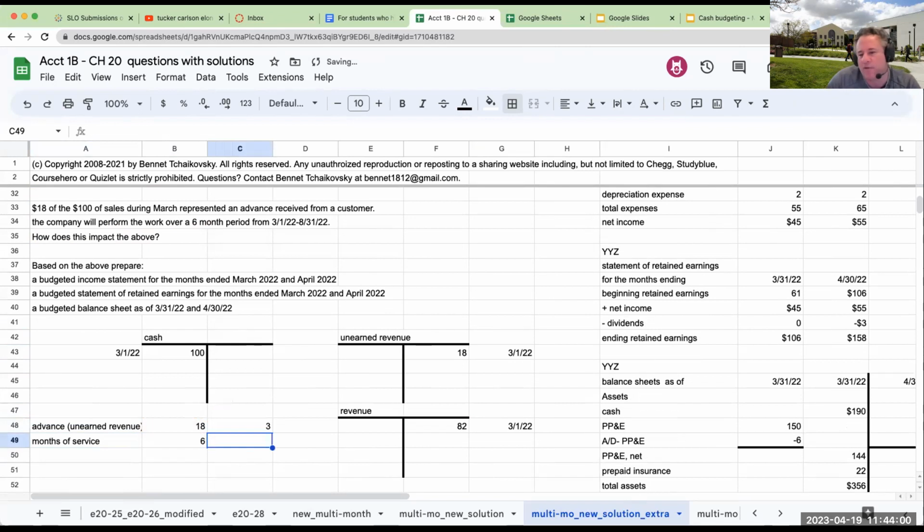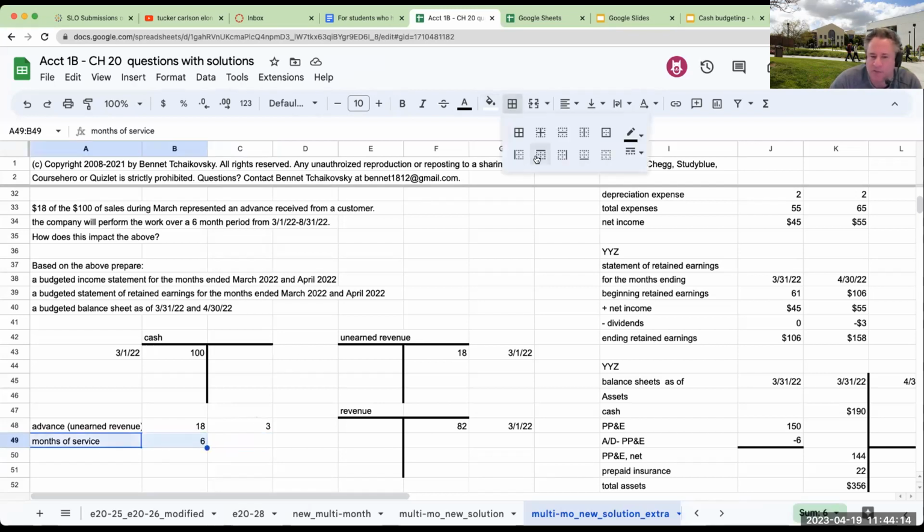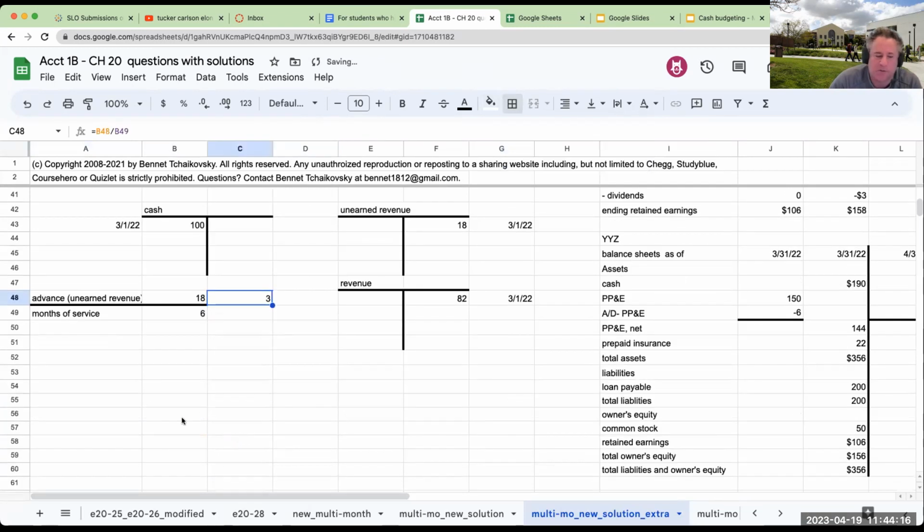So the amount of revenue I'm going to recognize every single month is $3,000. To recognize the revenue, how do I make the adjustment? For the month of March, I'm going to debit unearned revenue 3 and credit revenue 3. You don't have to do this, I'm just showing you how it works. This is my adjustment.